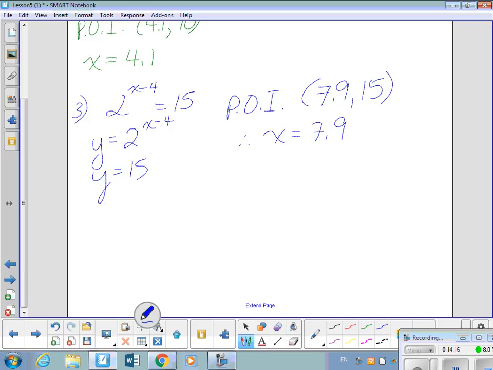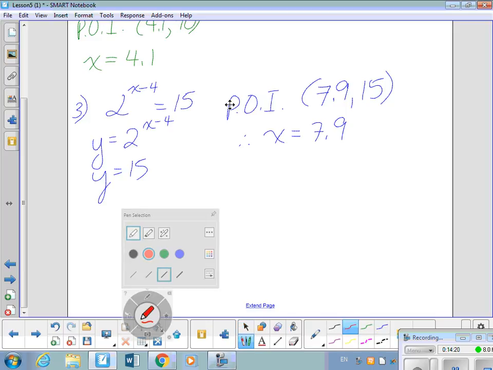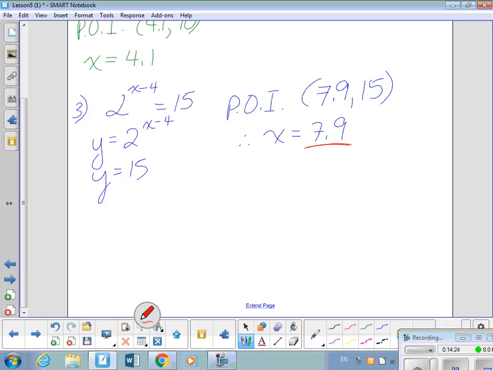Now, really important to watch out for here is that x is 7.9. x minus 4 doesn't equal 7.9. So when we use the technology, it's actually solving for the x, even though our beginning equation had an x minus 4. The technology is actually giving us the x value.